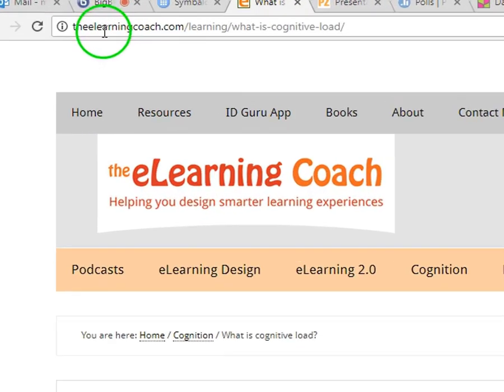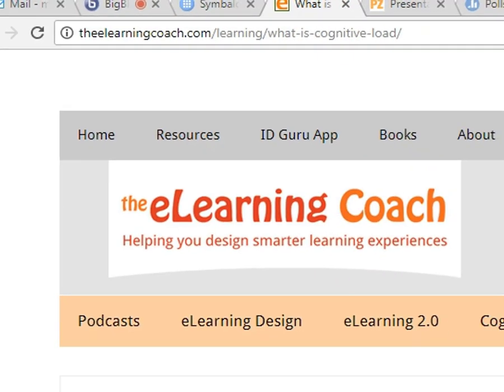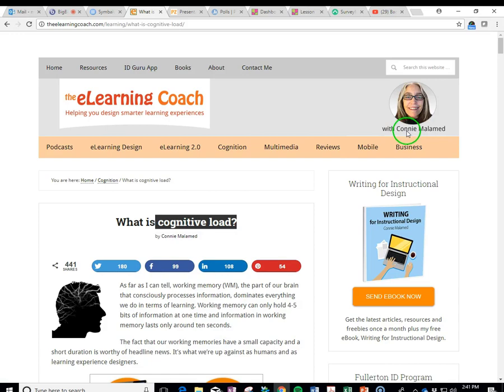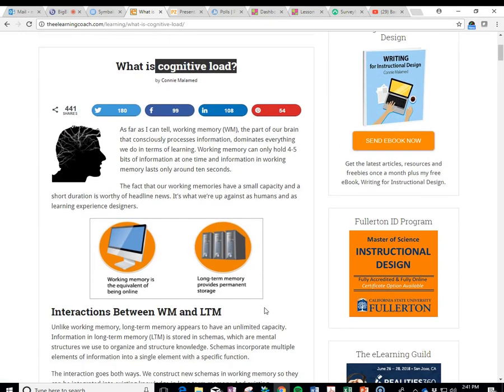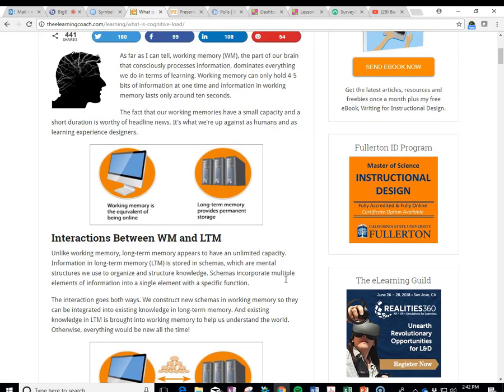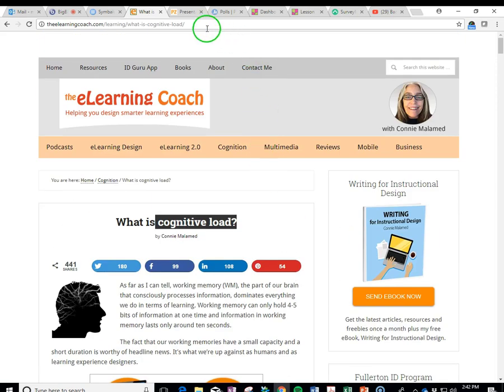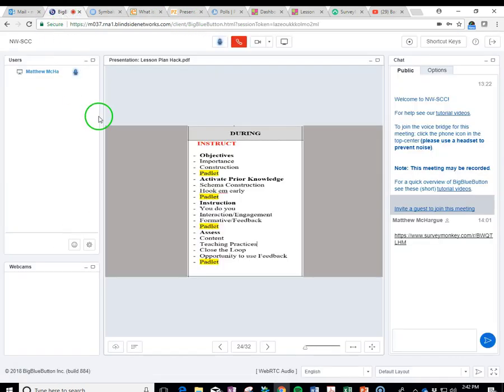So if you just search e-learning coach and cognitive load, then you can get here. And this lady Connie Malamed has a pretty brief but succinct description of both cognitive load and schema construction. So kind of got off on a tangent there.